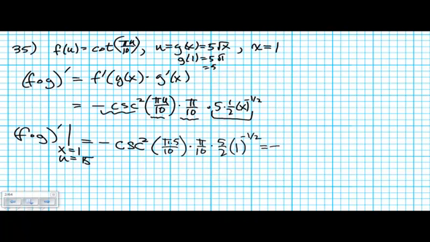Negative of cosecant squared of pi over 2 times pi over 10 times 5/2. Let's see. What is the cosecant of pi over 2?